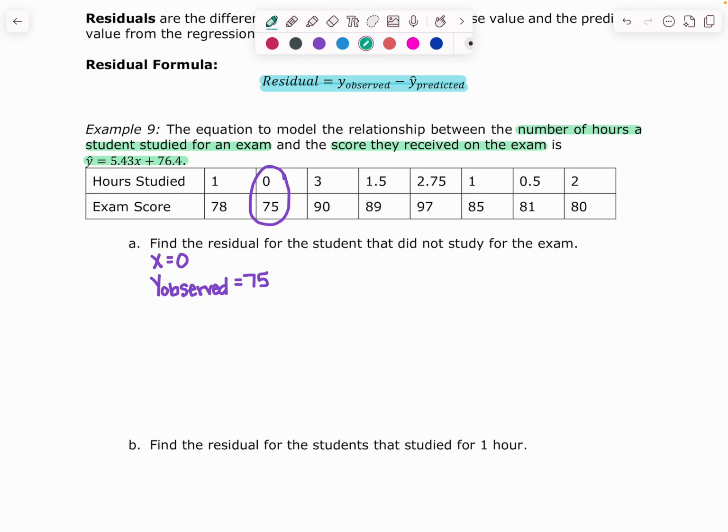Now I'm going to use the equation to determine what the predicted score would have been for this student. 5.43 times x, and in this case, x is 0, plus 76.4.